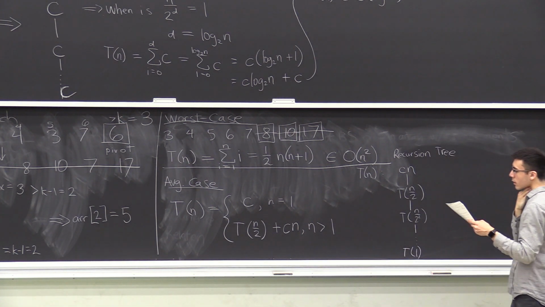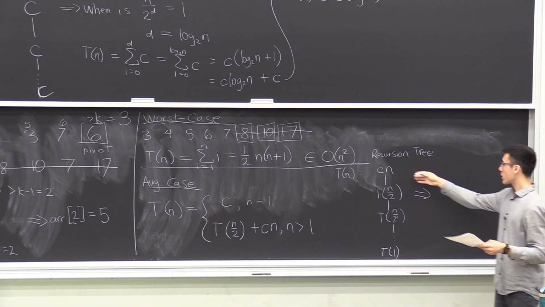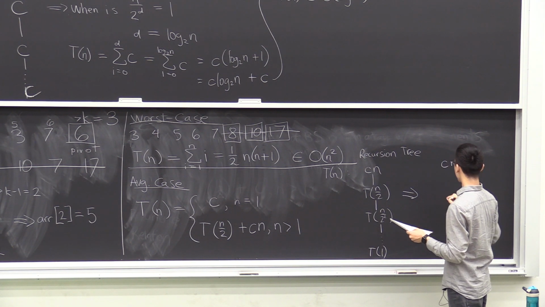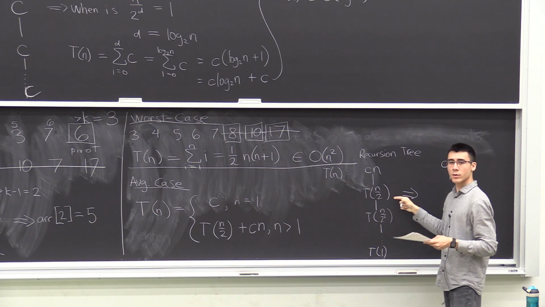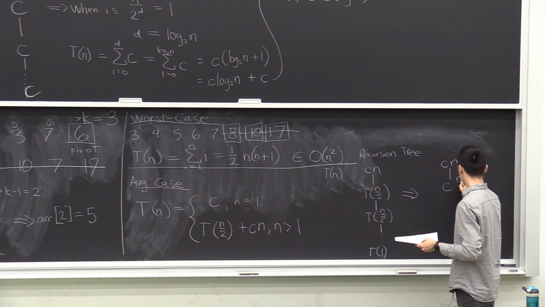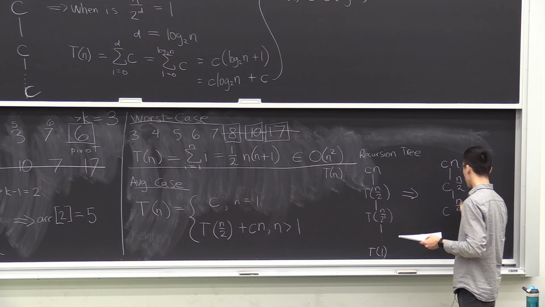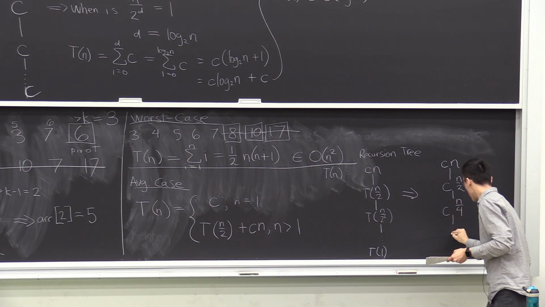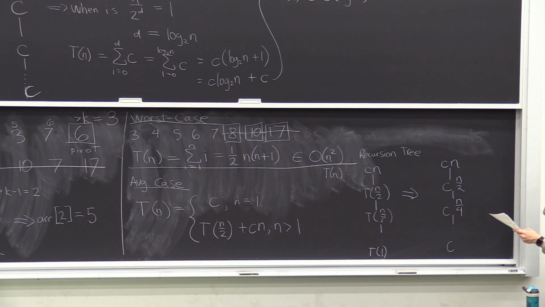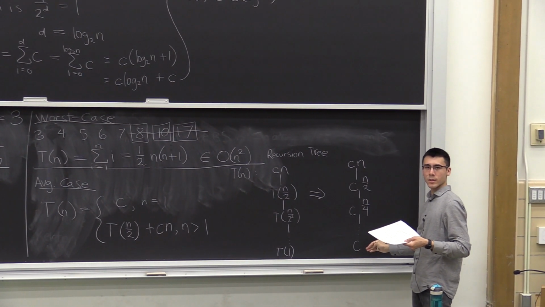Just like how we did for binary search, we can try to simplify this more. We would get C times n, but T of n over 2 is just going to be C times n over 2. Here we have C n over 4, and so on. Then you have just C. And now what we want to do, just like in binary search, is add up all of these terms.